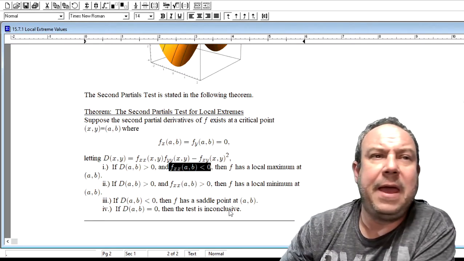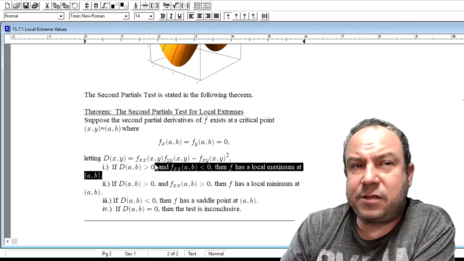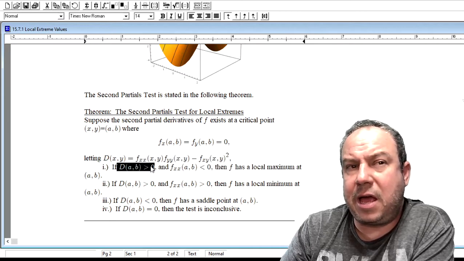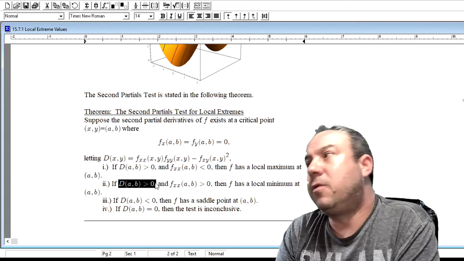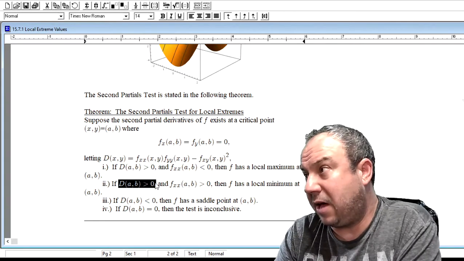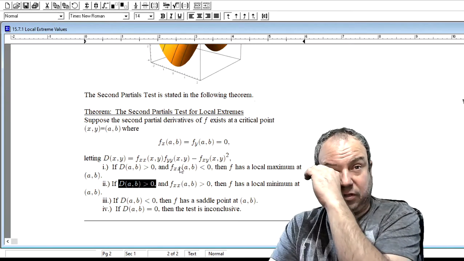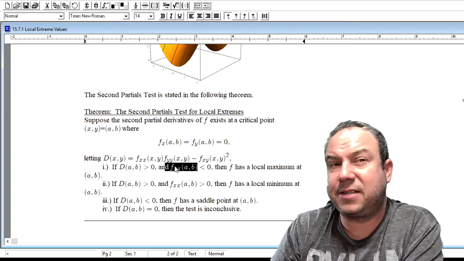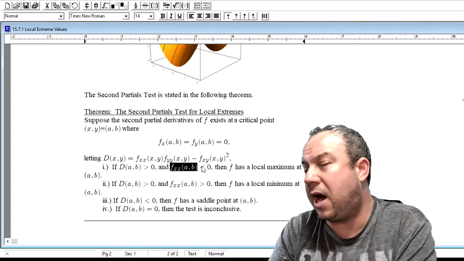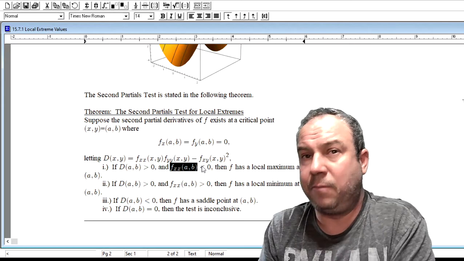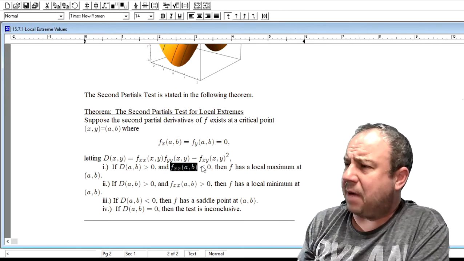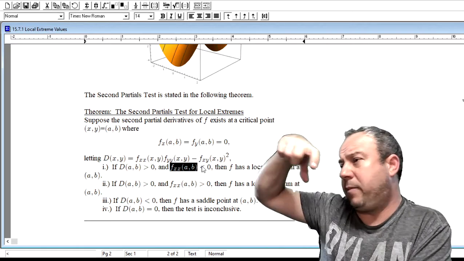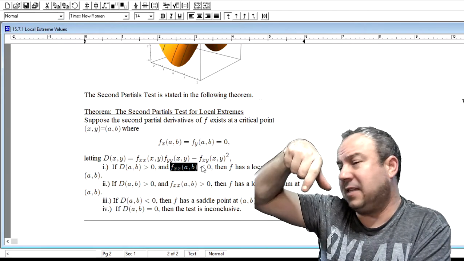All right. If the discriminant is greater than 0 at (a, b), in either case 1 or 2, those are the cases for local extreme values, right? If your second partial, either with respect to x, and this is also true with respect to y, at (a, b) is less than 0, you have what we call a local maximum at (a, b). You'll be describing concave down in that sense, right?